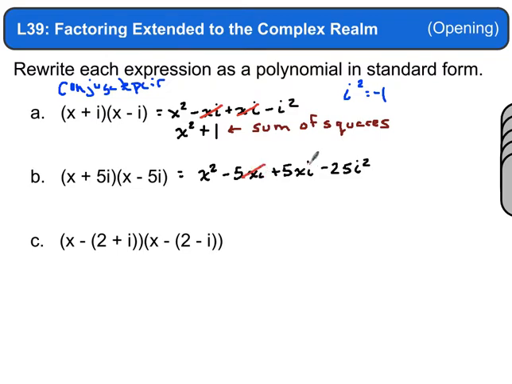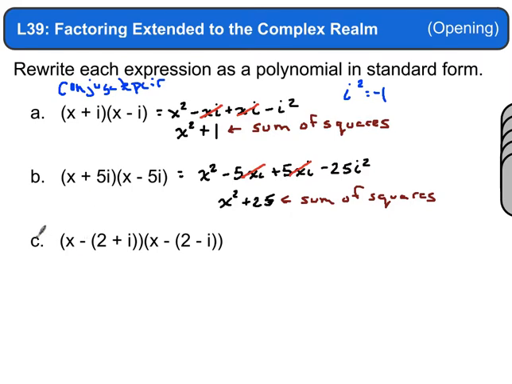Again, this and this cancel out, and so you end up with x squared plus 25. And again, just for notation purposes, our result is a sum of squares in that given piece.